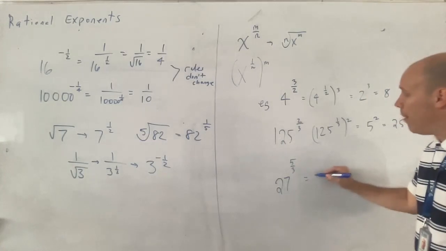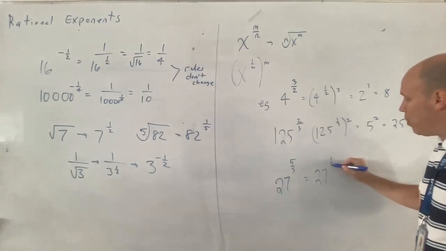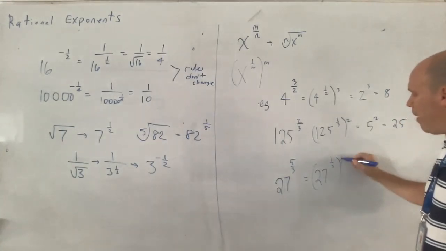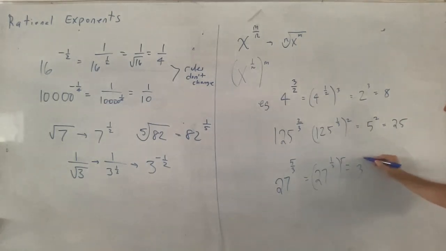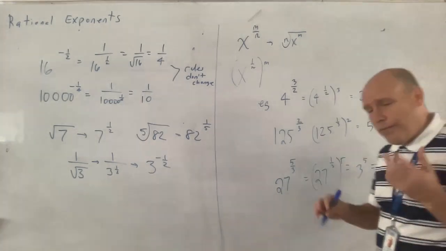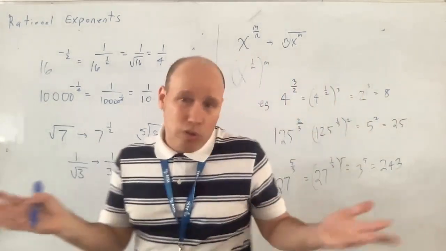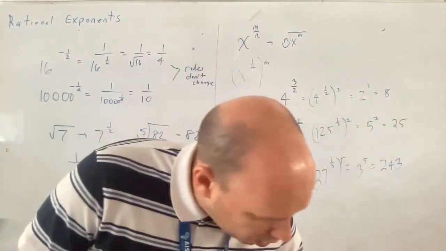So you're like, okay, first 27 to the 1/3, to the 5th. 27 to the 1/3 is 3, so that's 3 to the 5th, and that is 243. So it's a little advanced, a little mental math, or you can use your calculator if you need it.